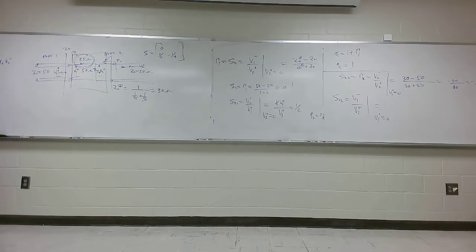Right? But that isn't the end, because this is 25, and what I really want is the voltage here. Y'all follow me? This would be port 1, this would be port 2. Y'all see how it's going, class?